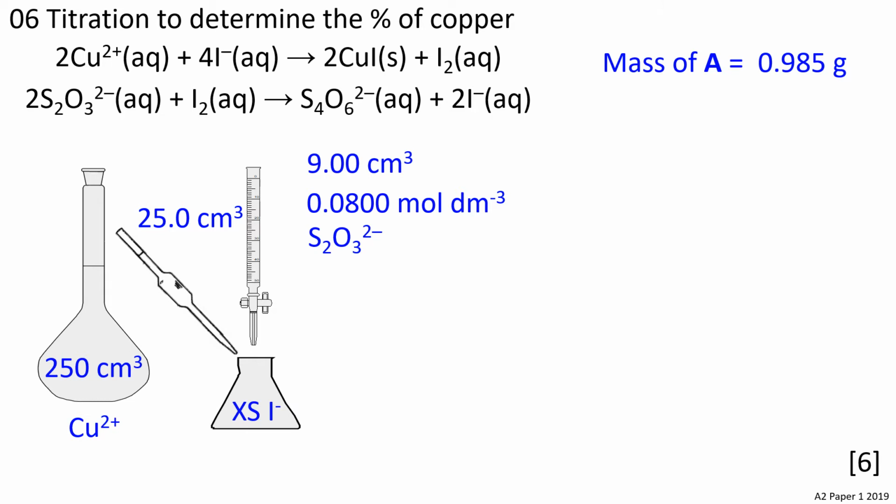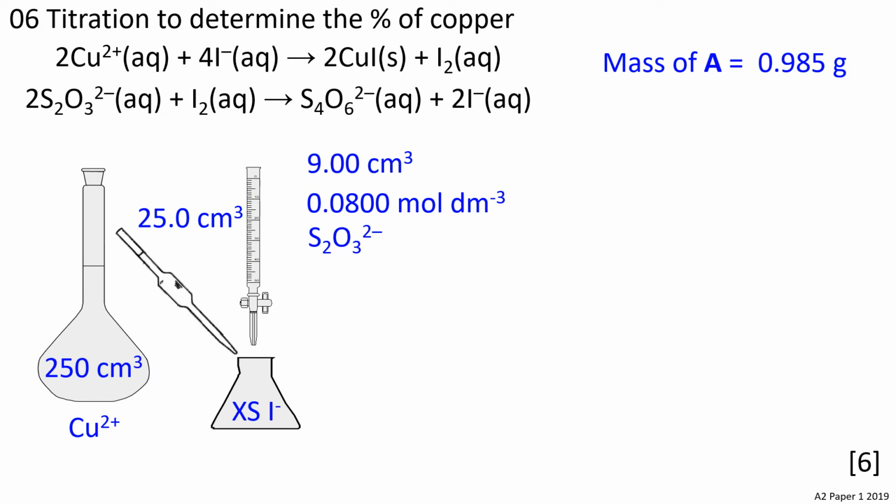There are two reactions occurring. The first stage is that we add iodide ions to the copper 2+ ions, and this makes all the copper 2+ and iodide react to form iodine and copper 1 iodide. So now there is only iodine and copper iodide in the conical flask.